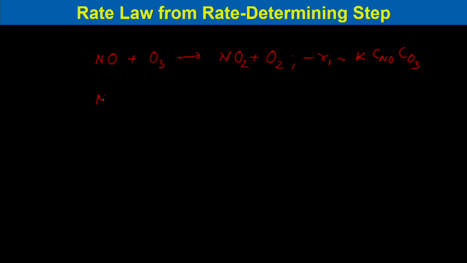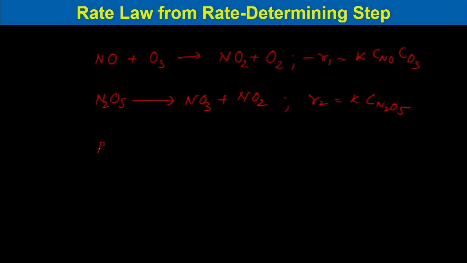Similarly, if N2O5 decomposes, forming NO3 plus NO2, we can write the rate as K into concentration of N2O5.